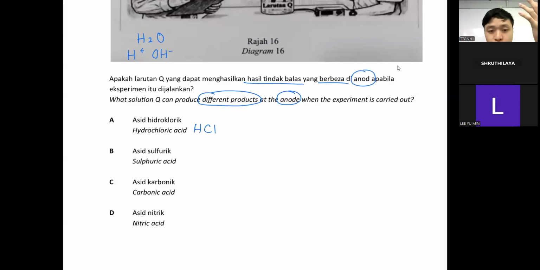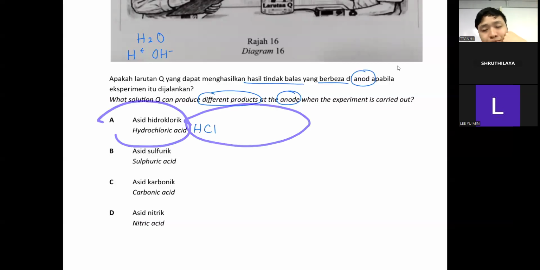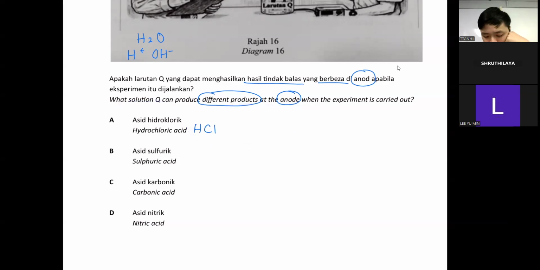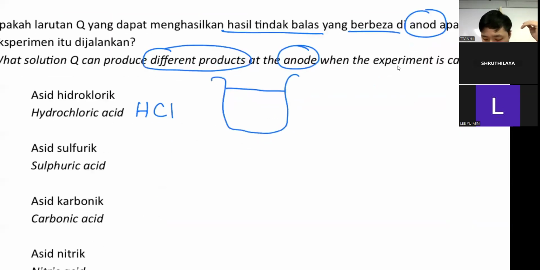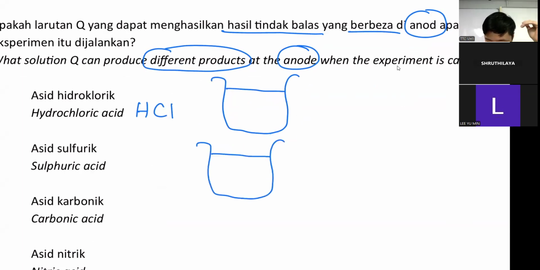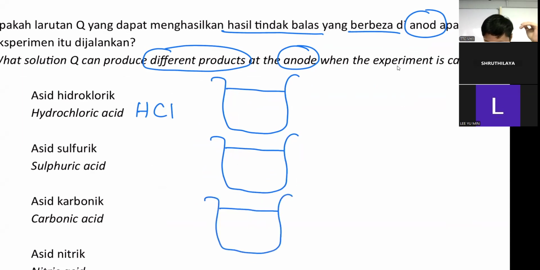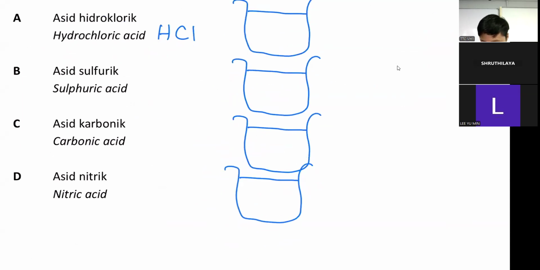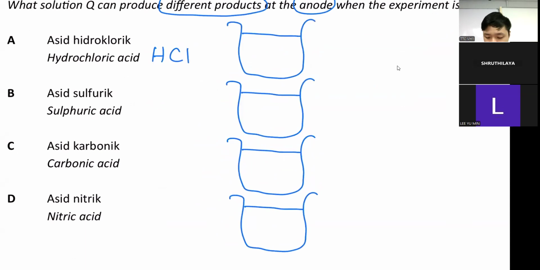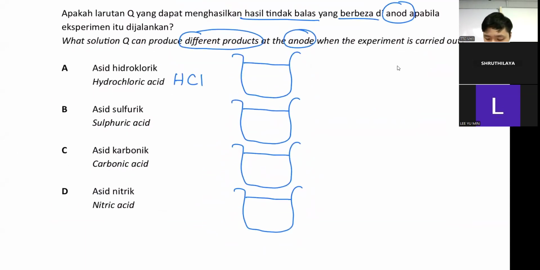It means the ions inside this are H plus, Cl minus, and OH minus.